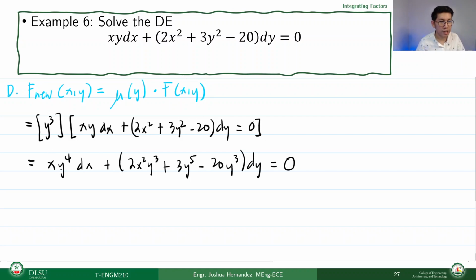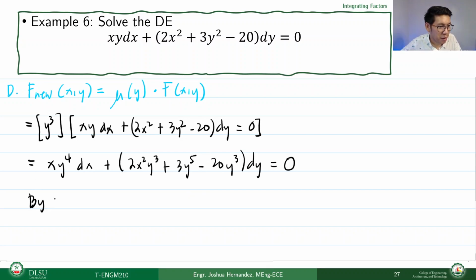So moving on to our next step, we have, of course, by exact method 2, kasi favorite ko siya.